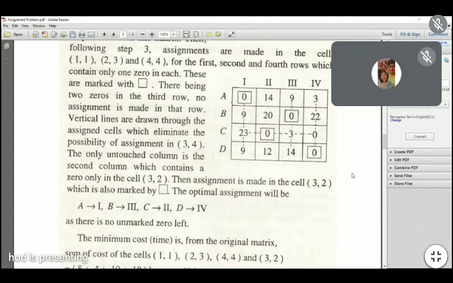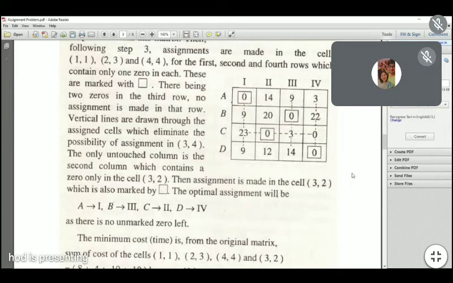If the minimum number of lines drawn is less than the order, say the minimum number of lines drawn is 3 and the order of the matrix is 4, and I say okay, my problem is done, let's allocate, you will see that you will get this problem. You may find a row where there is no zero, or a column where there is no zero, or a row with 2 zeros.